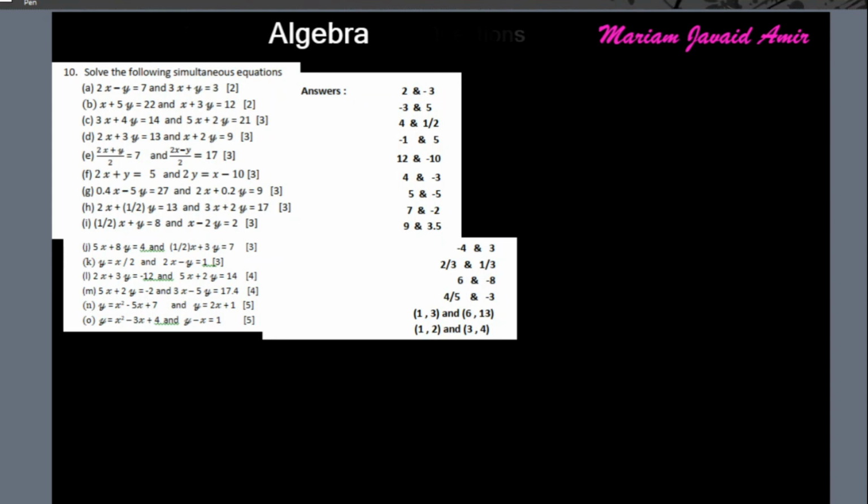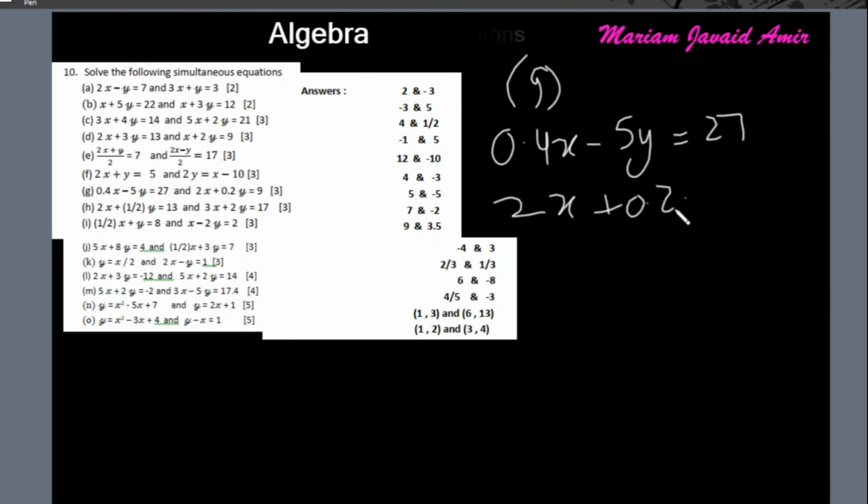Let's do part G now. We have 0.4x minus 5y equals 27, then 2x plus 0.2y equals 9. So what do we do? How do I change 0.4 to 2? Let me see. I'll divide 2 by 0.4 and see what number I need. 2 over 0.4 is 5.